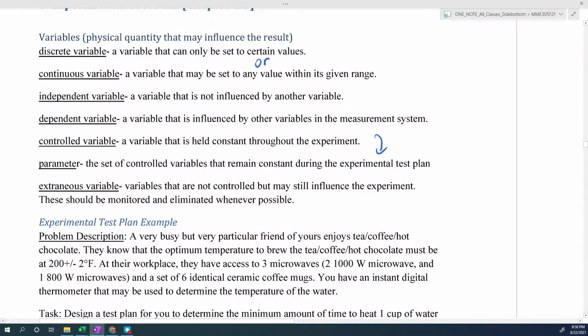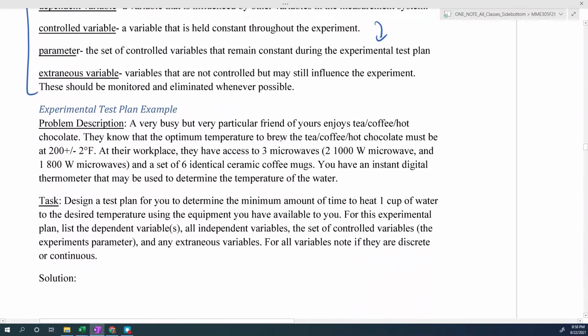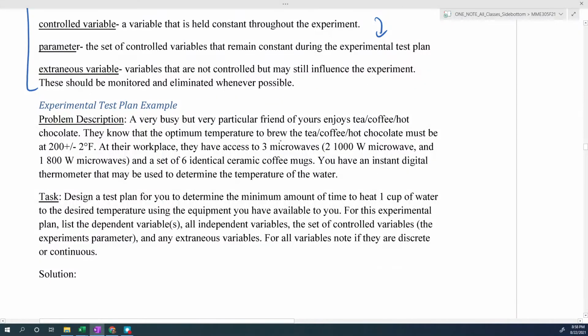We're going to give a little example problem here to explain how these different types of variables may influence a specific experiment. You have a very busy friend that enjoys tea, coffee, and hot chocolate.